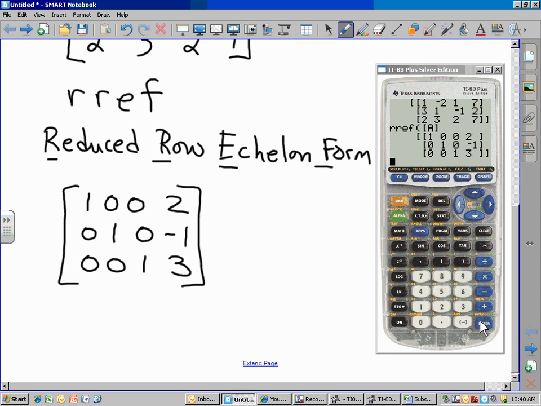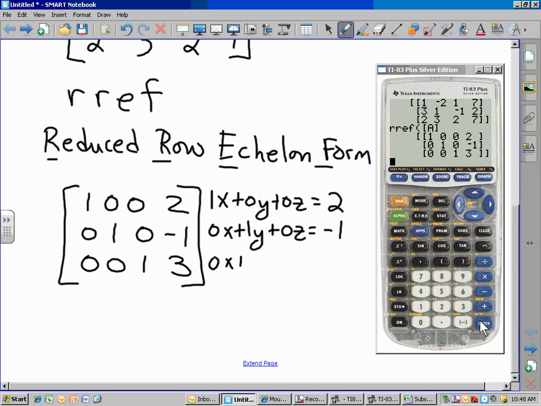Now, what does that mean? Well, if we look back up at our system, these coefficients represented x, y, z, and the number. So this is essentially saying 1x plus 0y plus 0z equals 2. 0x plus 1y plus 0z equals negative 1. 0x plus 0y plus 1z equals 3.